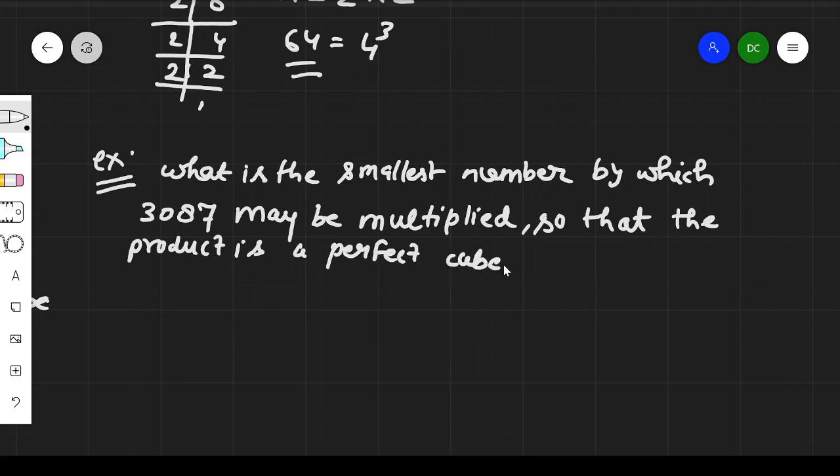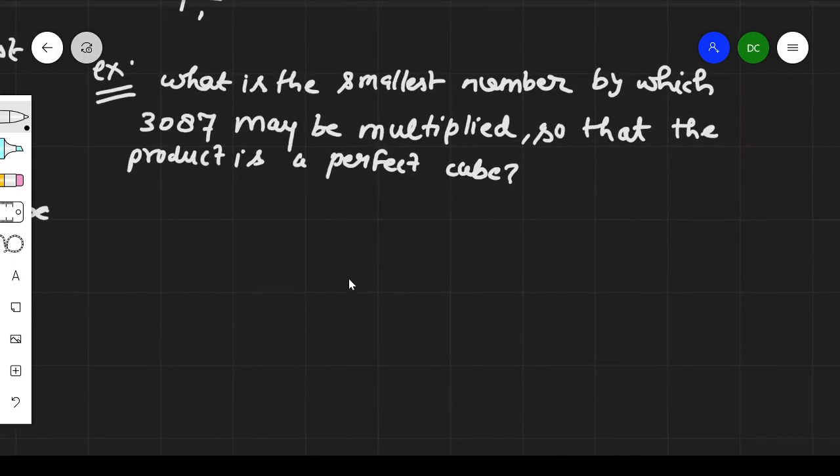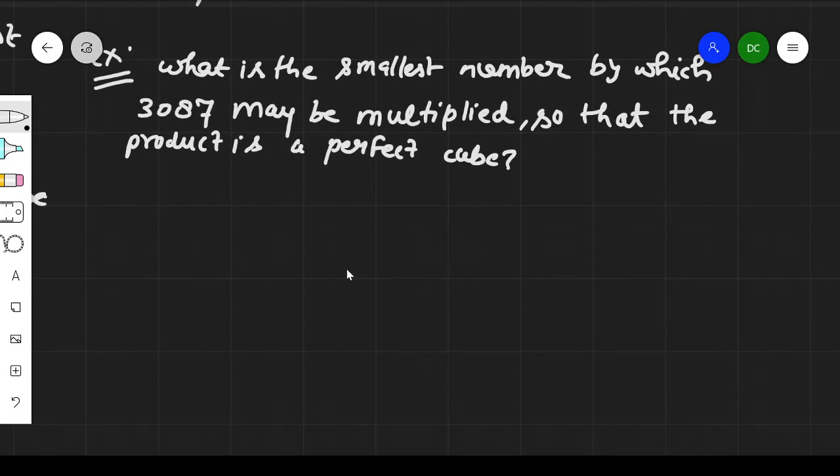I am just taking one example. Now we have to find a number by which 3087 may be multiplied so that the result is a perfect cube. The simplest way is, first of all, find the prime factorization of the given number 3087.